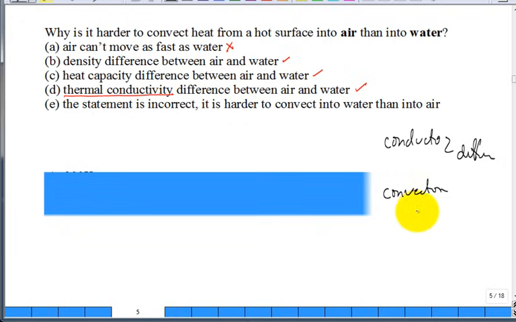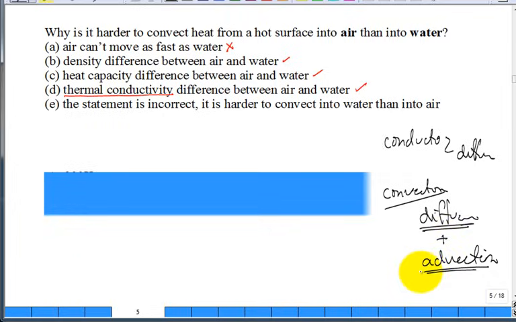Convection was two things: the diffusion of heat, conduction, and the advection of heat, meaning once I got it into the fluid, it was swept away. That's a really efficient way to move heat from one zone to another. Put hot fluid in a pipe and you can transport that fluid a long way. Put cold fluid in a pipe, you can transport that fluid a long way. So convection is diffusion, or conduction, and advection. The hard part is getting it from that hot surface into the cooler fluid so it can get swept away.